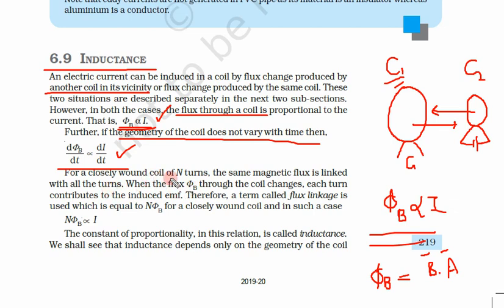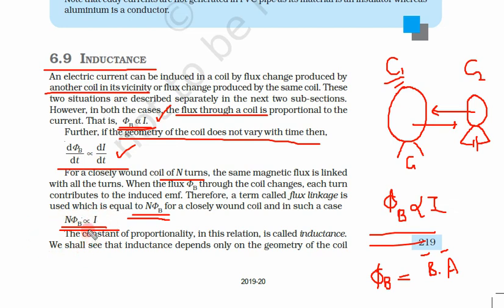Now if there are n turns, the same magnetic flux is linked with all turns, as we have seen. So in this case the flux will increase n times for a closely wound coil, and n phi b is proportional to I. What we have just done is multiply by the number of turns.